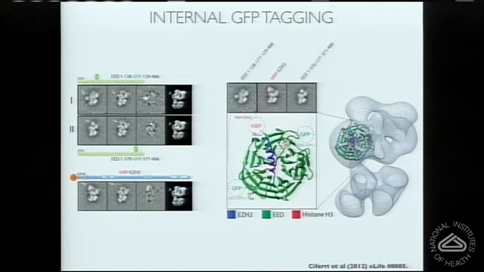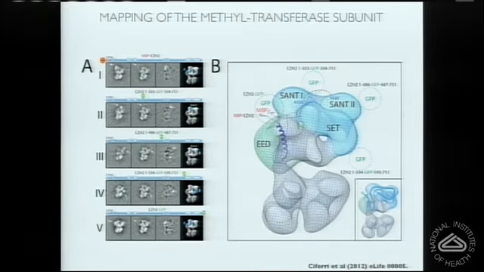So this kind of a strategy was used for all of the subunits. I'm going to show you the ECH2, so the core of the complex, the enzymatic protein, where he was able to use 5 different labels, 1 N-terminal, 1 C-terminal, and 3 internal, to basically localize the 2 SUN domains at the set domain and come out with an actual path for the whole polypeptide chains as it meanders on the top half of the structure.